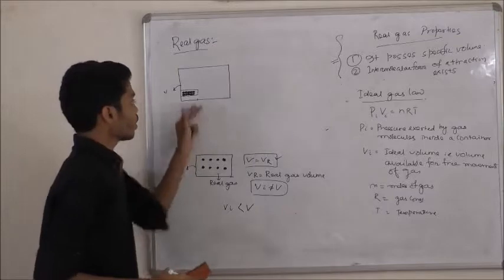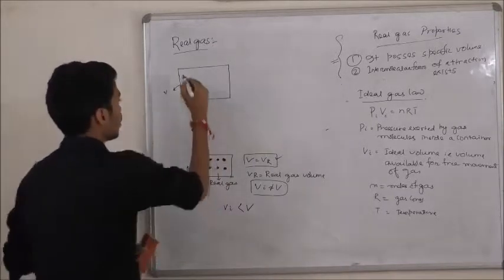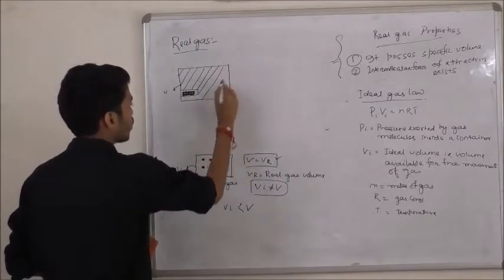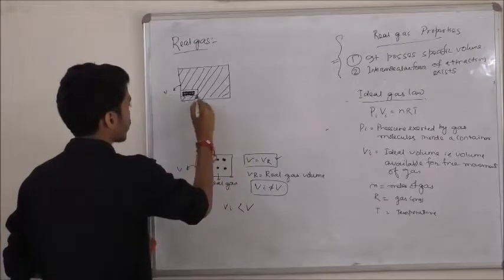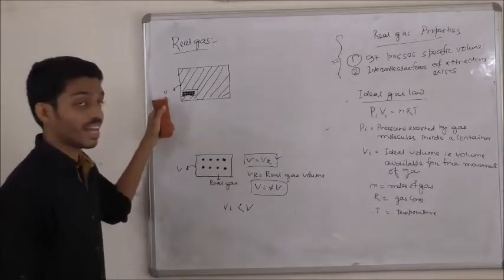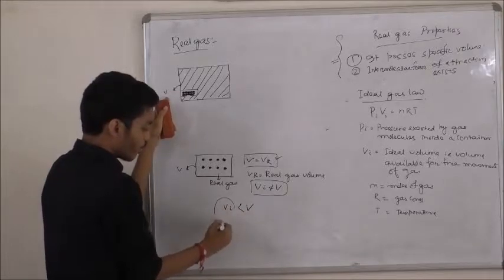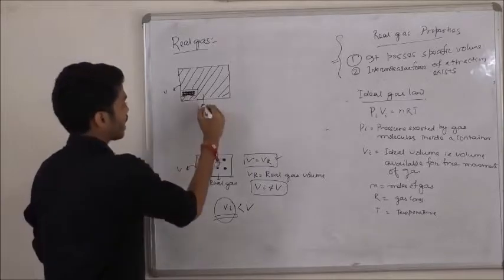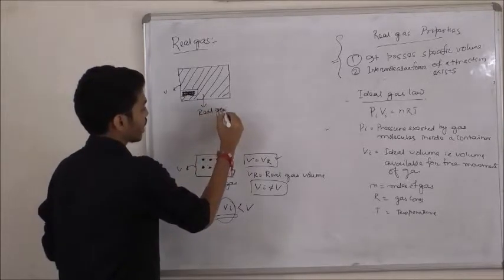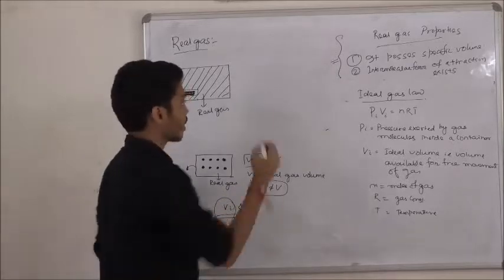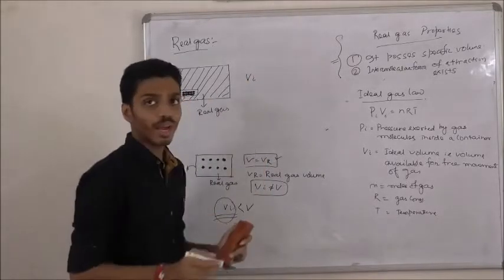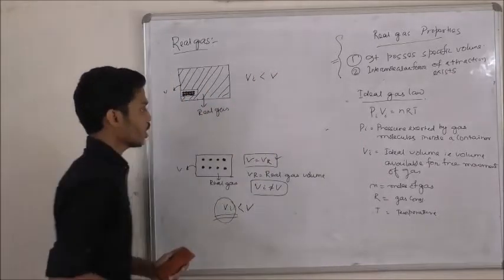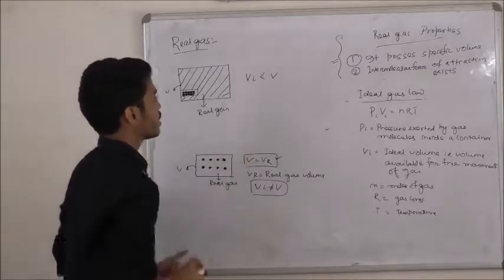So you see here, in this case the volume available for free movement of gas molecules is not V, rather it's less than V. And the volume available for free movement of gas is called Vi, or ideal volume. So in case of a real gas, the ideal volume, Vi, is less than the volume of the container, that is V.